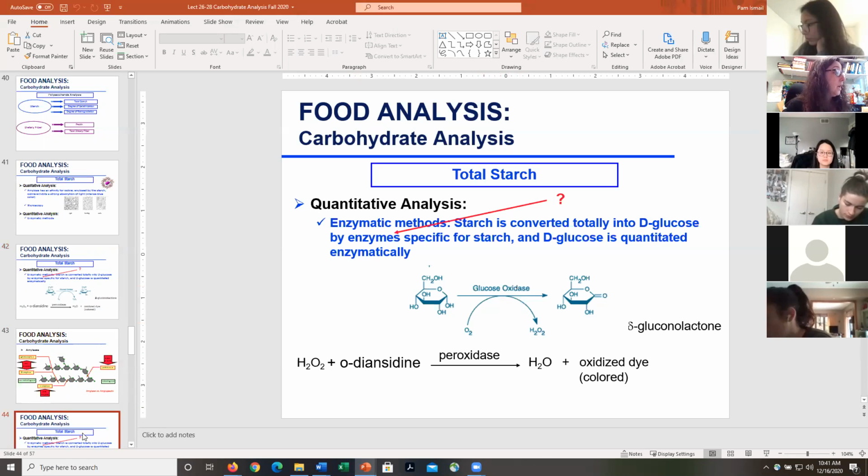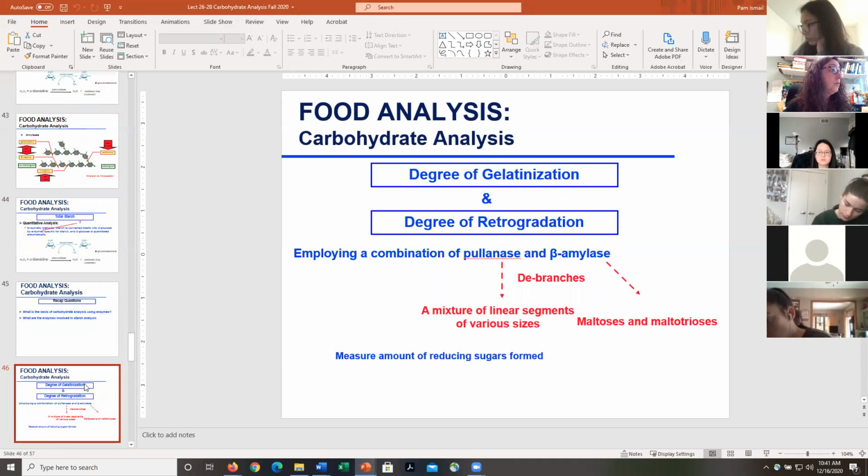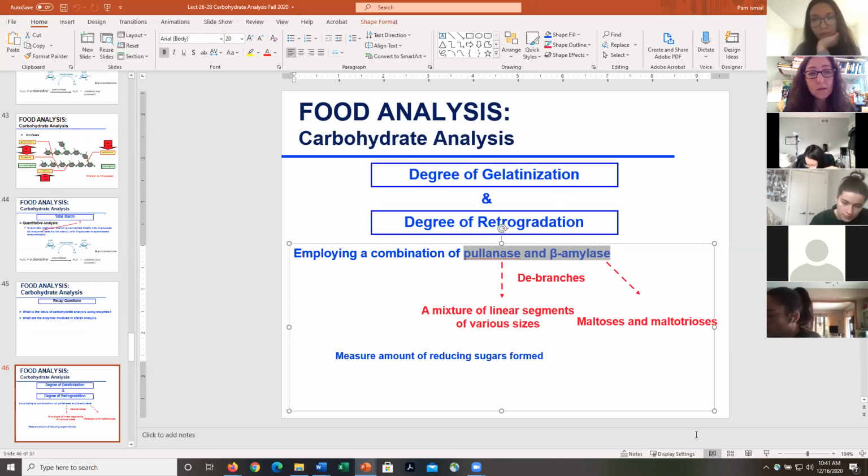So for gelatinized and retrograded, it's the same method. You just have to remember you use the same method. In this case, you use these two specific enzymes because they don't act on raw starch or retrograded starch. So if the starch is gelatinized, then these two enzymes will work.